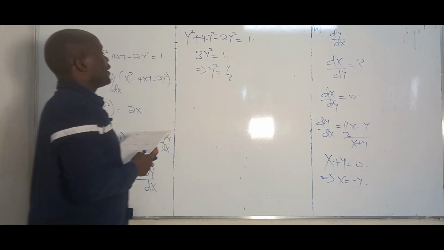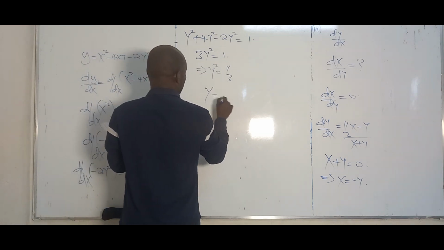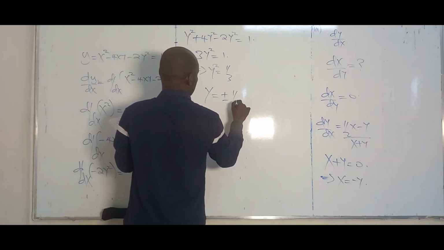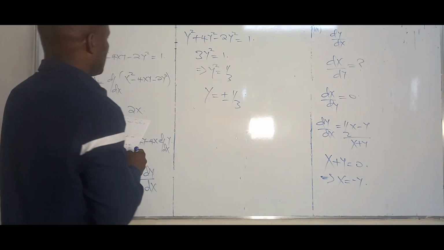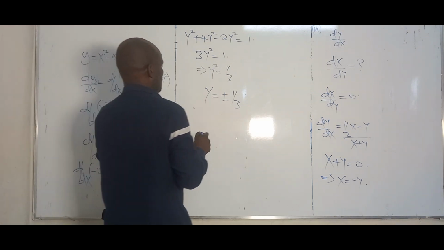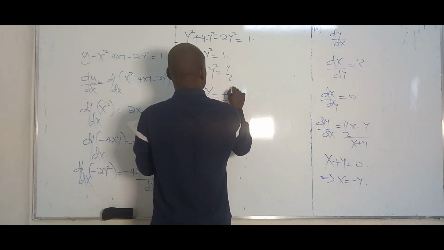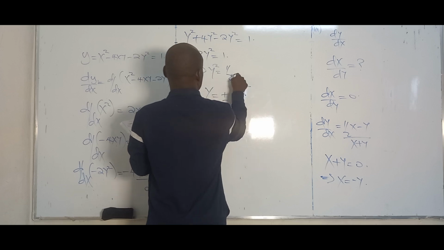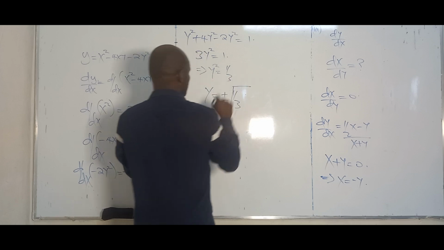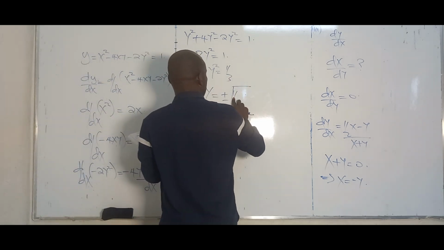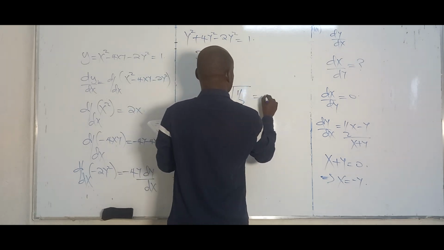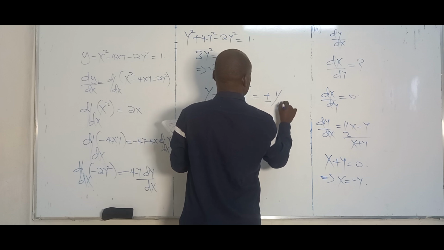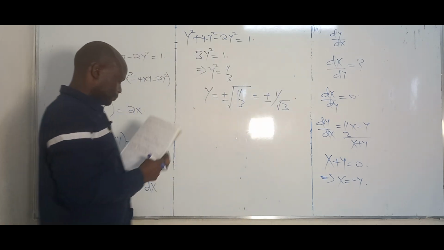Y squared is equal to a third, and so y will be plus or minus root of a third. This is like saying plus or minus 1 over root 3, because root 1 is 1.